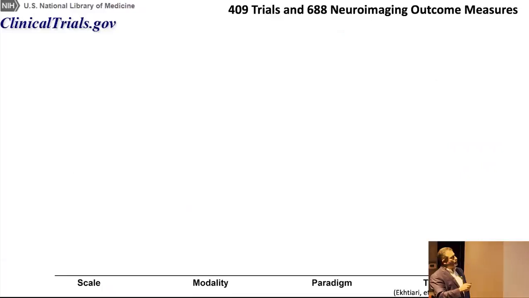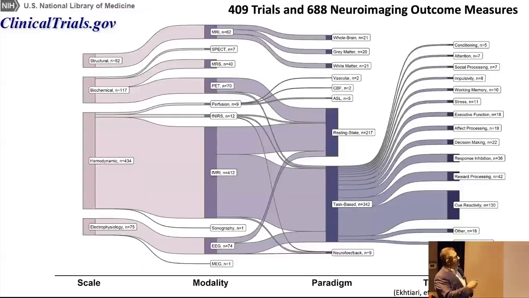And when you look into these 400 trials, in terms of what types of neuroimaging measures they are using, you can see that fMRI is the most frequent type of neuroimaging that they are using.